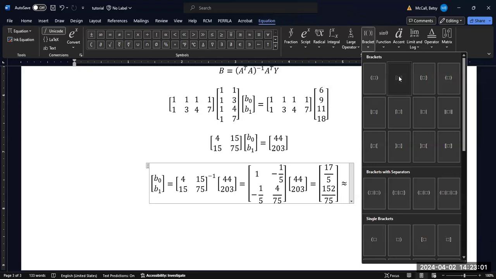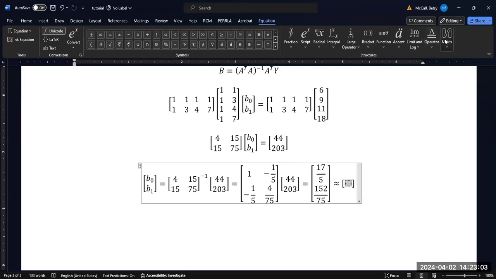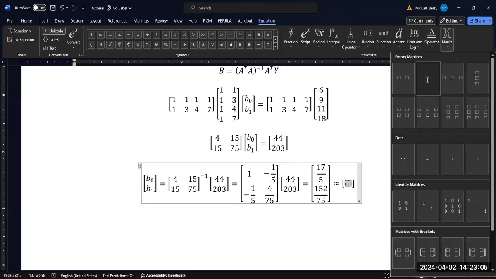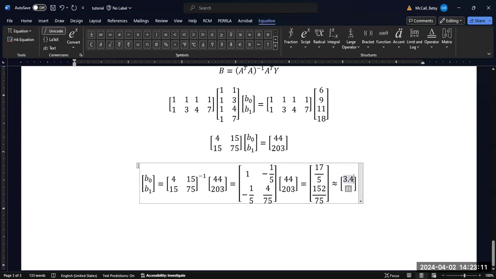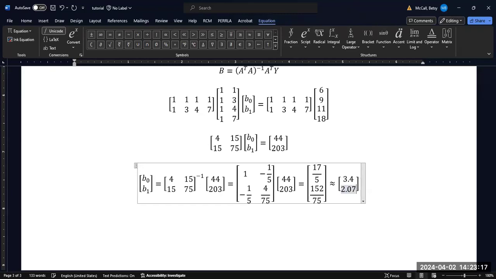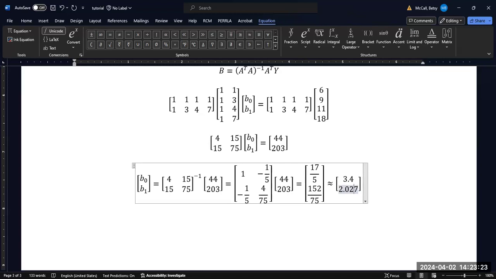You're just going to get decimals, particularly if you're working on a TI or something. It can handle certain kinds of denominators, but up to a certain point, it will say, no, I don't want to do that anymore. So these are our coefficients.